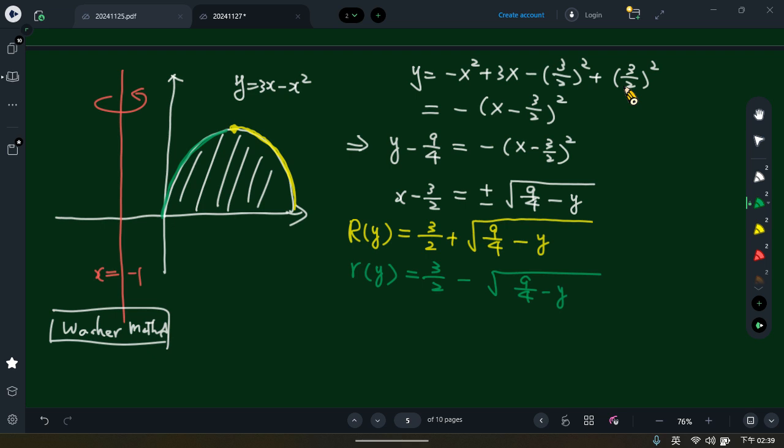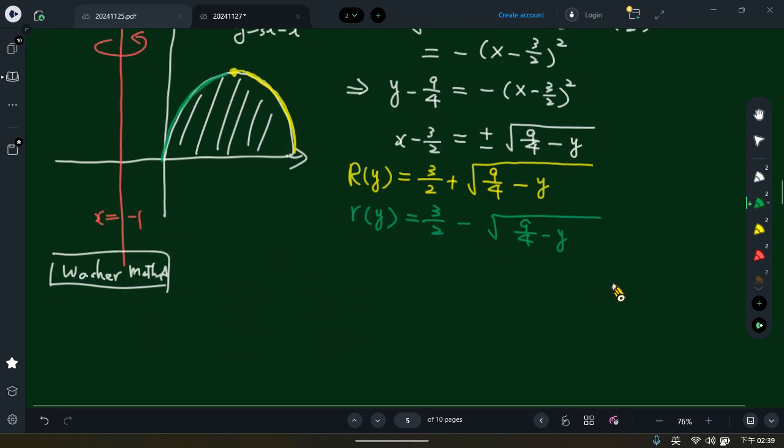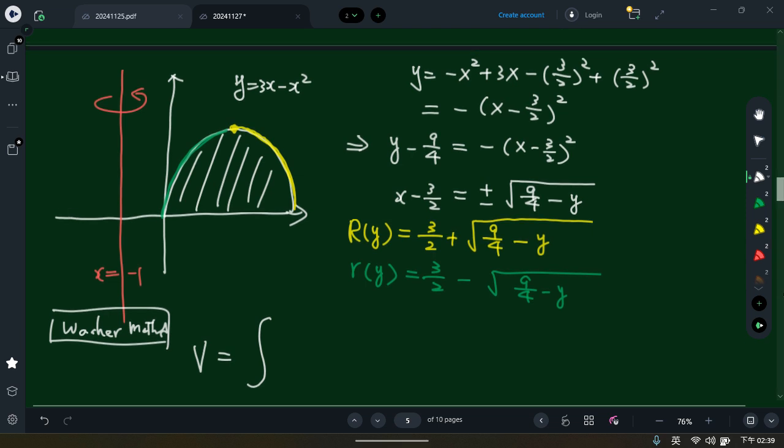So you can see with this we can use the one-shot method to calculate V equal to the integral from where? From here, where y is equal to 0, to the very top point, which will be 9 over 4.